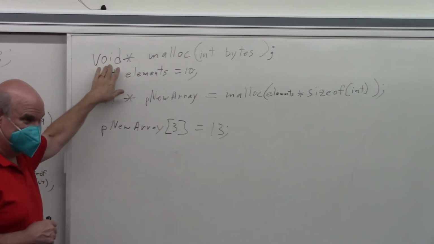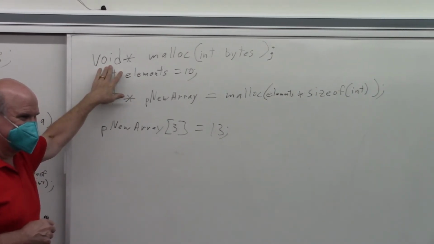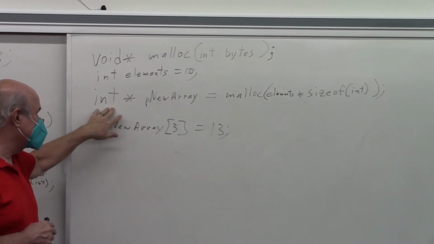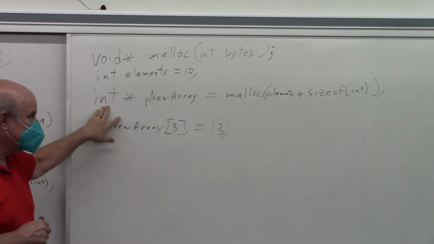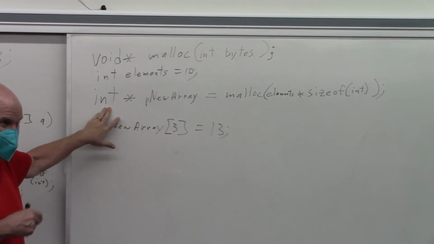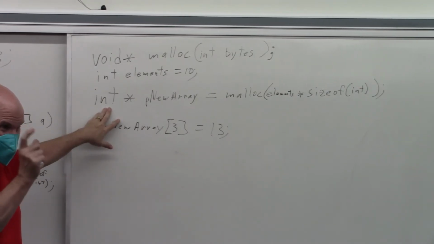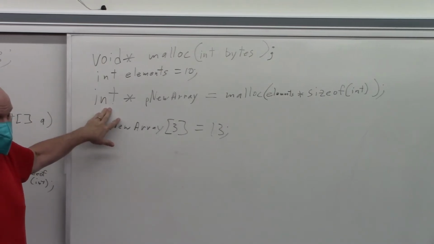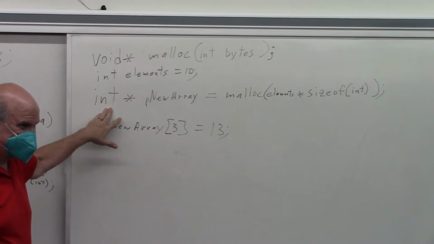That's all it's returning. And that's why I have noted void star. The compiler will say, okay, we're going to treat that chunk of memory as a bunch of integers, which I, the compiler, know are 4 bytes wide. On the iPhone 35, they may be 16 bytes wide in the future. Who knows? It doesn't matter.